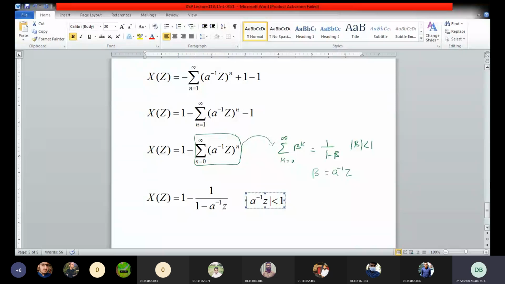Okay, so can you simplify this expression? Can you simplify the expression further? Let's simplify the ROC.